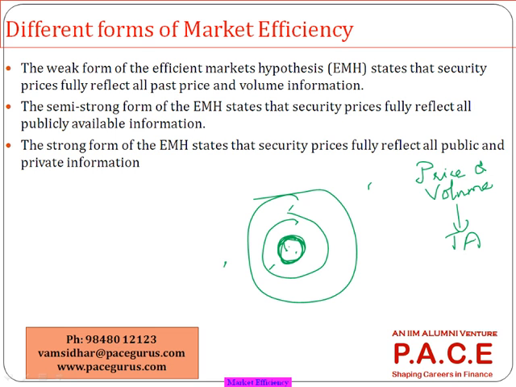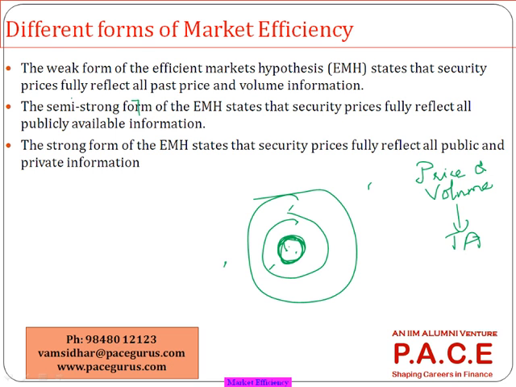So if I have to say the market is efficient in its weakest form, a person who is doing technical analysis should not be able to make abnormal profit consistently. He can make a normal profit, that too some number of times, but he cannot make abnormal profit consistently. If he is able to do that, then we are saying that the market is inefficient even in its weakest form. Then comes the semi-strong form.